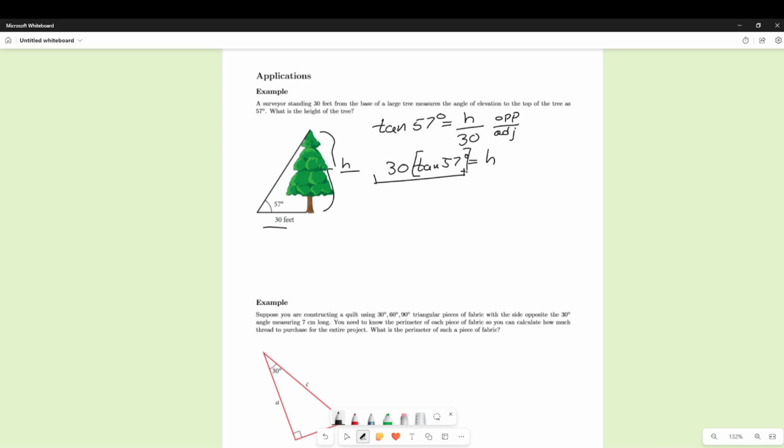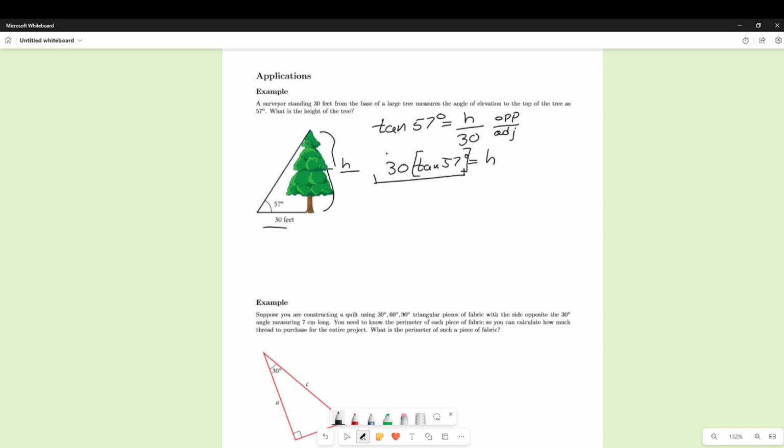So it's taking that 30 feet and using the ratio of that kind of triangle to figure out what you've got to do to the 30 to get what that height is going to be. So that product, 30 feet times a ratio, is going to be some number of feet.